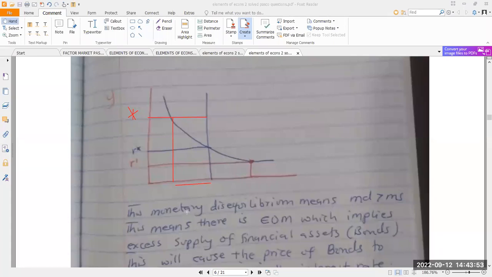When the price of bonds goes up, because of the inverse relationship between the price of bonds and interest rate, interest rate will fall. So assuming it falls up to this point, demand for money will get to this point. Still, supply of money is more than demand for money. So the mechanism will continue until we get to this point where demand for money will exactly be equal to supply of money.